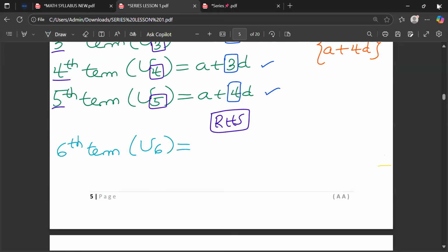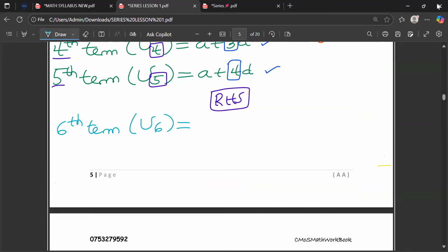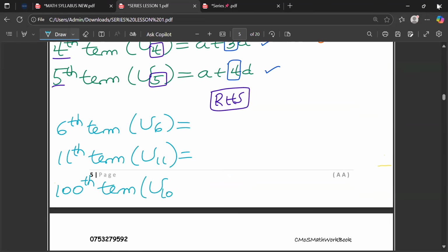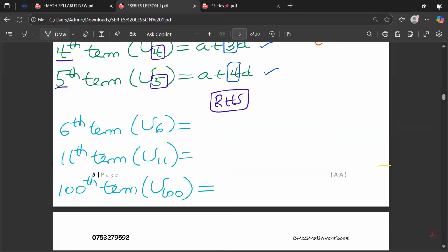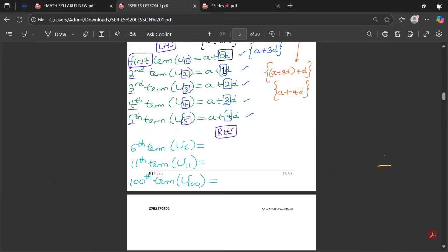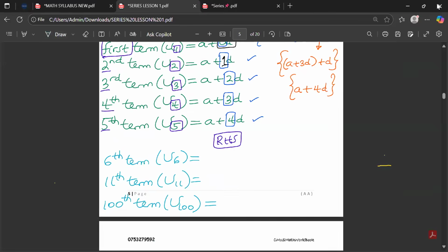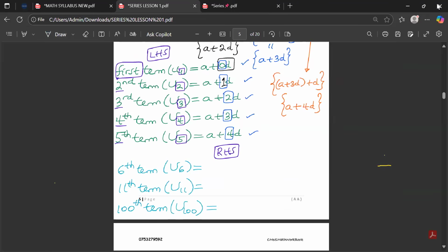Then I want someone still who's going to tell us the 11th term, which is U11, and someone who's going to tell us the 100th term, which is U100, using the same technique. Who can see the technique that has been happening between those figures on the left and these ones on the right?